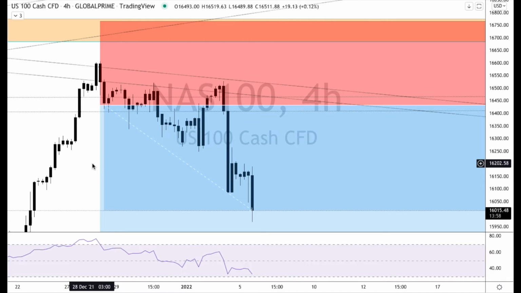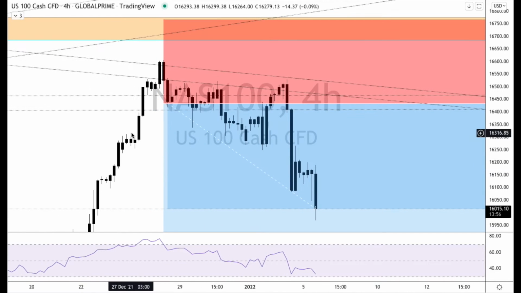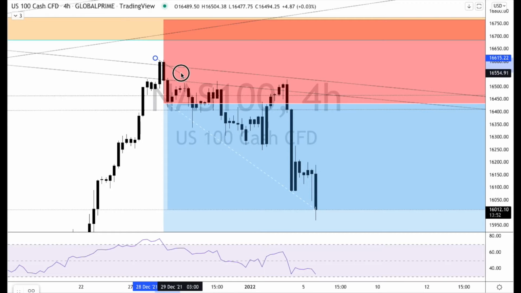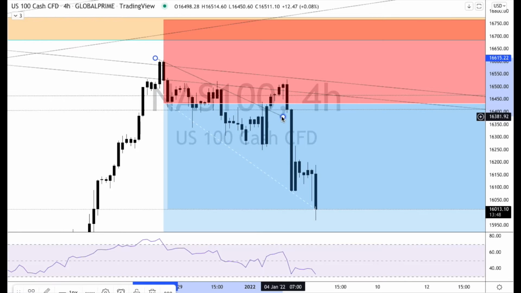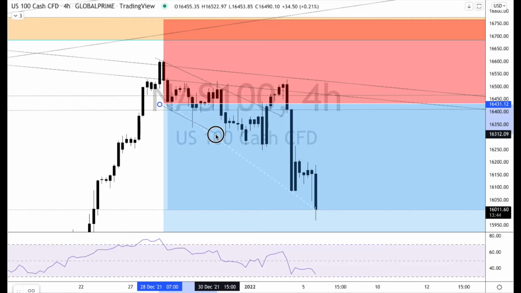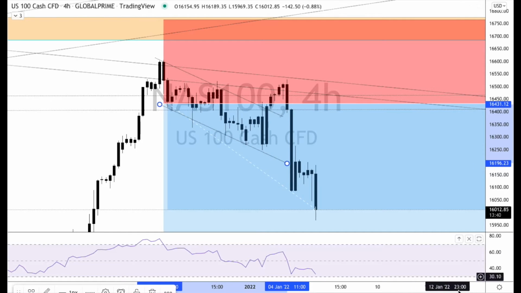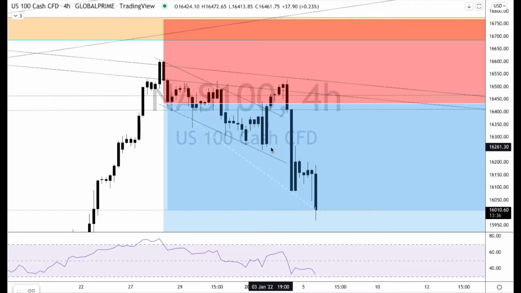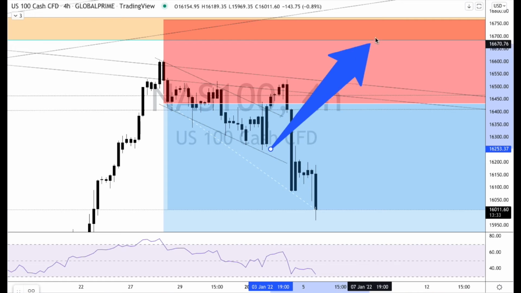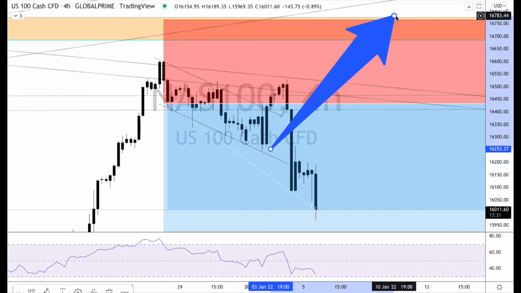What I did yesterday, or it could be the day before, because we've just been focusing on this, was we drew this trend line over here, and we drew this one over here. My theory was that it was going to do something like this, shoot up.